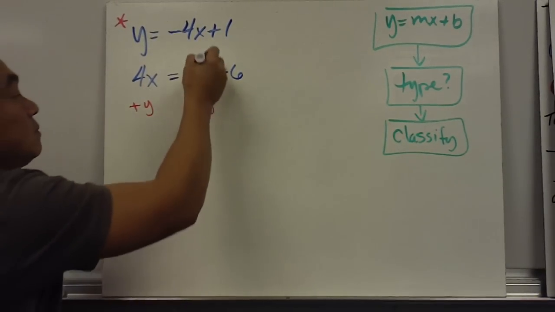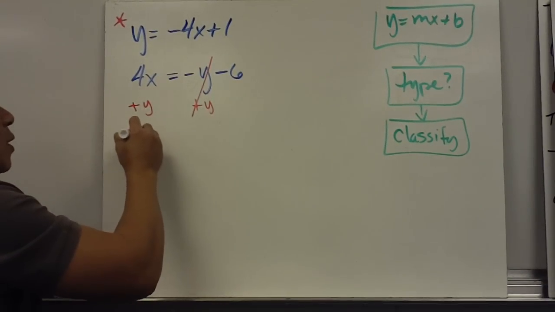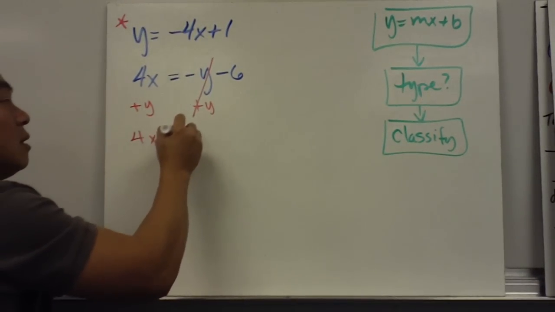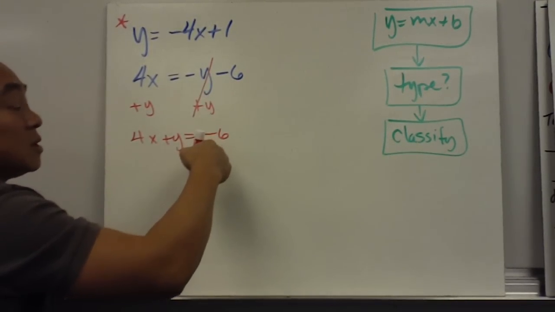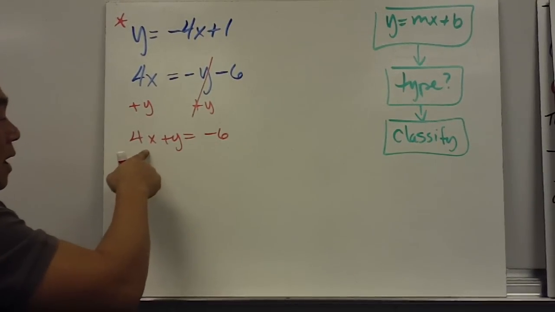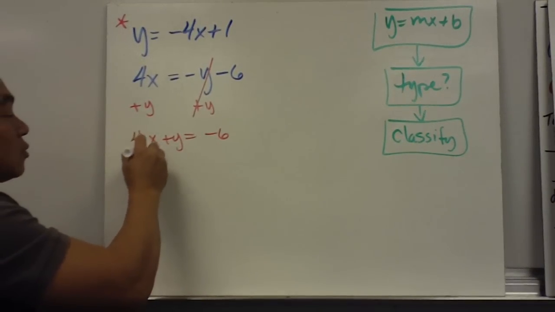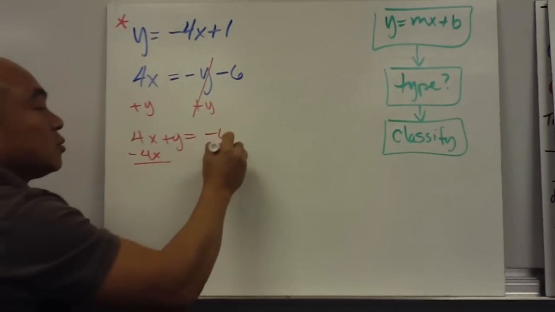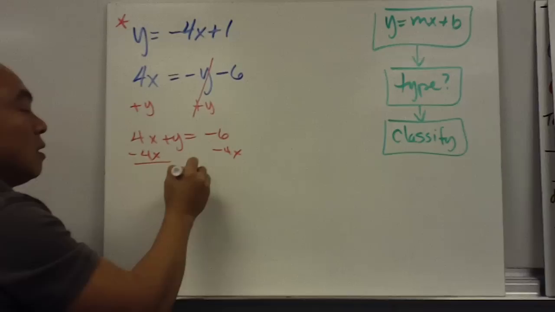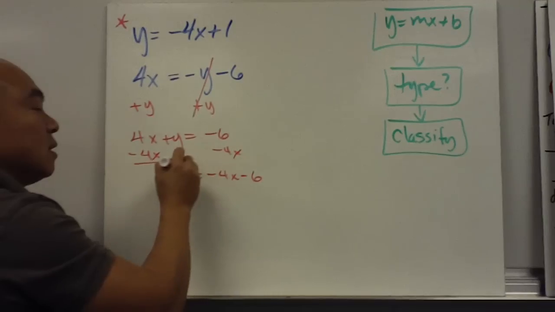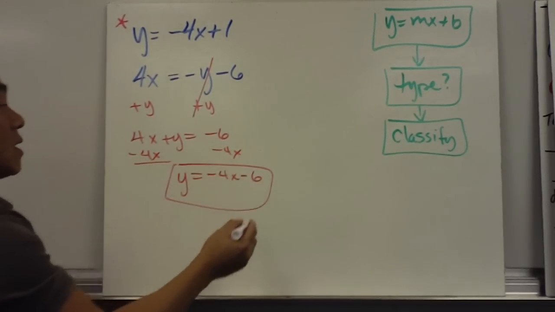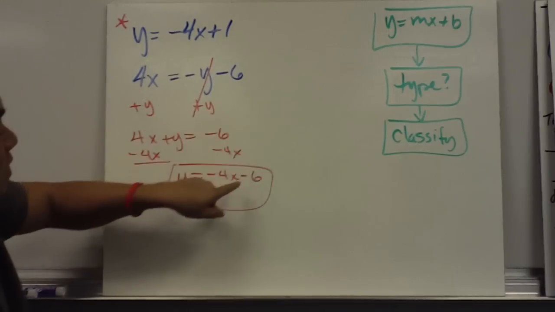I now have 4x plus y is equal to negative 6. Even though it's minus 6, you're going to keep it. I now have to move this 4x over by subtracting 4x. I now have y is equal to negative 4x minus 6. And that is our second part right here. So all of this became this.